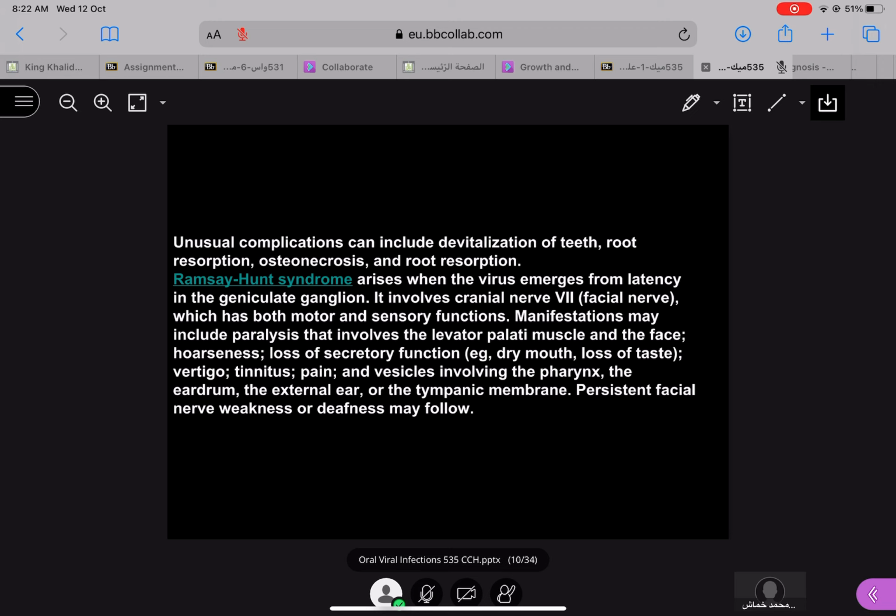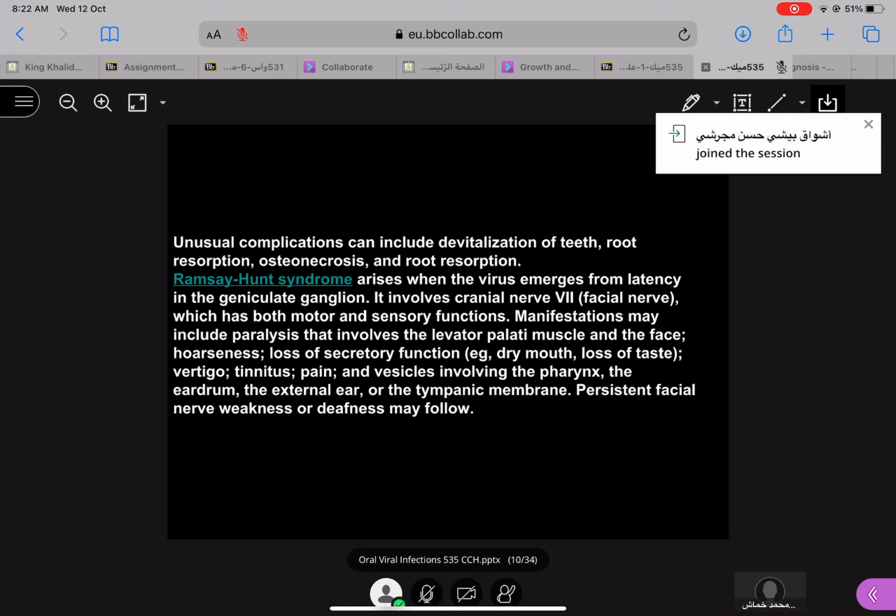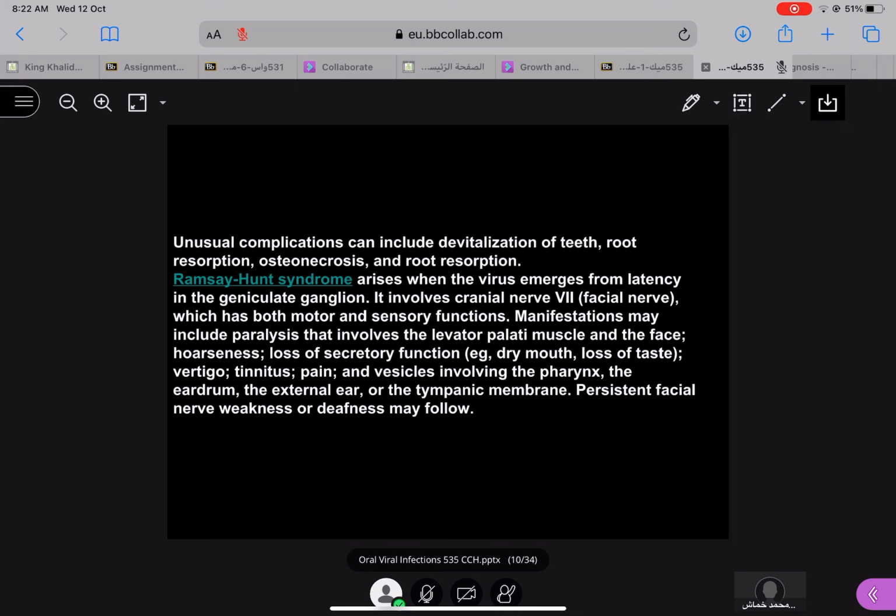The period from when the virus enters the body until it initiates symptoms is what we call latency, in the geniculate ganglion. It involves cranial nerve 7, which is the facial nerve, which has both motor and sensory function.